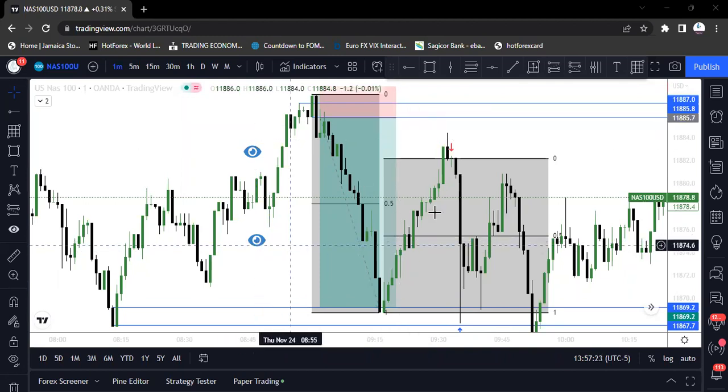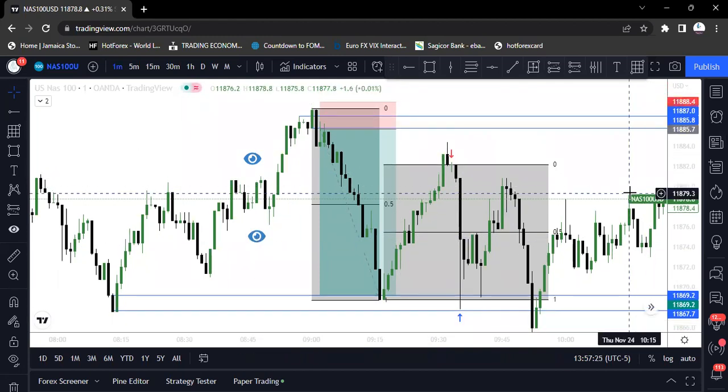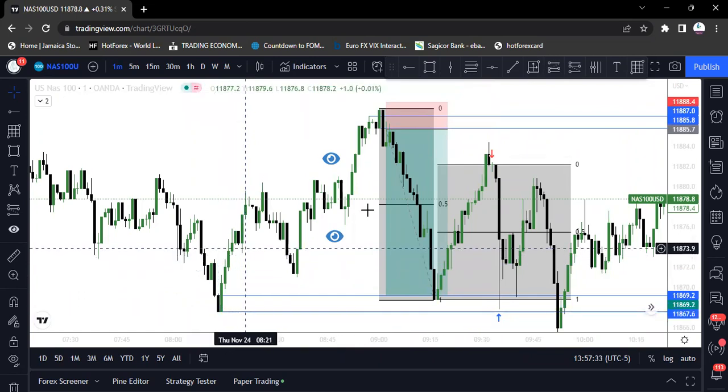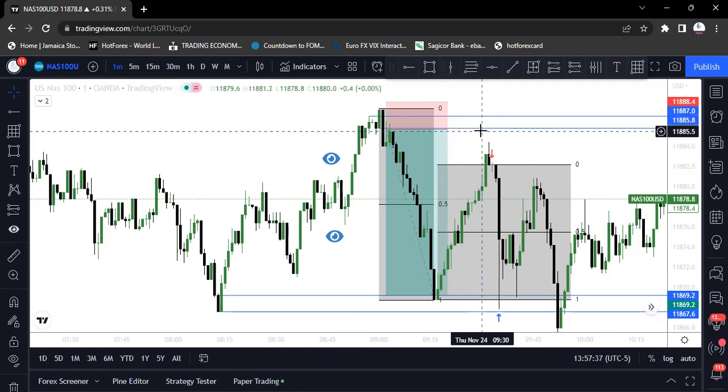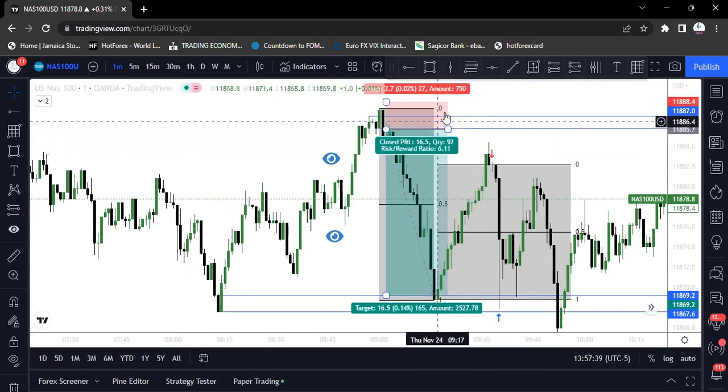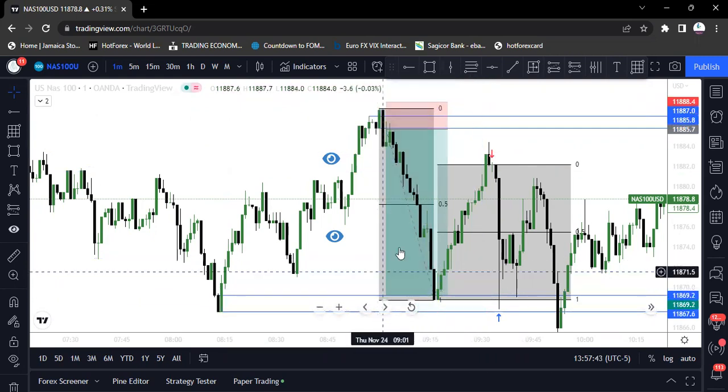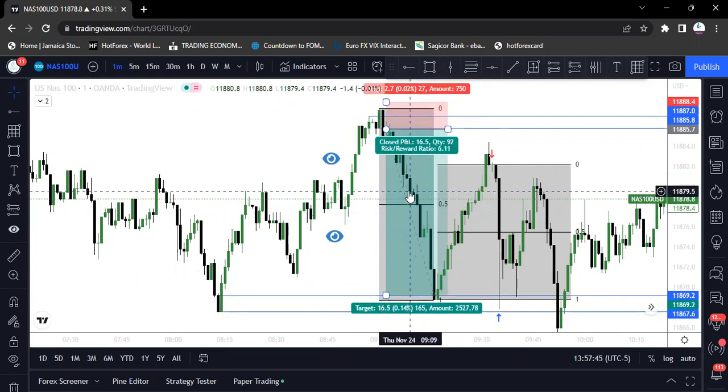So let's say this is the liquidity in the market at this low. And we know what time this is? 9:30. At 9:30, the market should run for this liquidity pool. Let's say we know that for a fact, right? Just creating a scenario here.